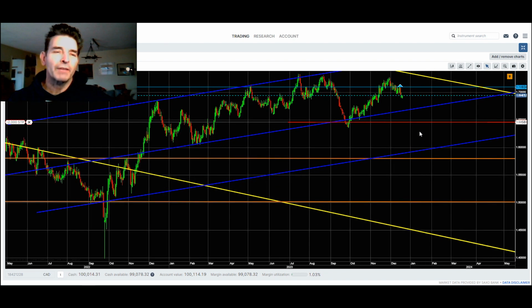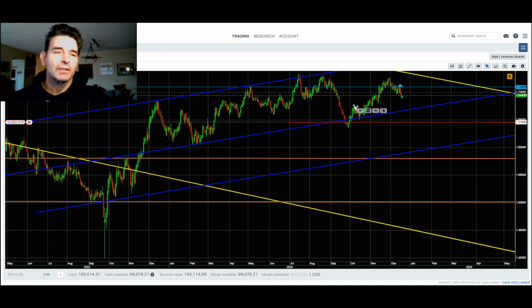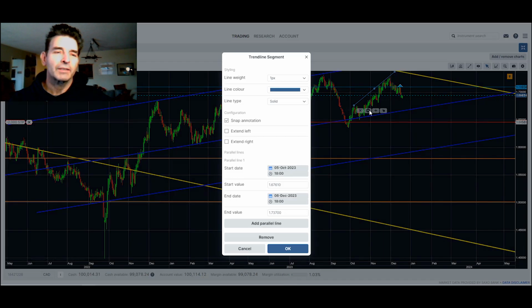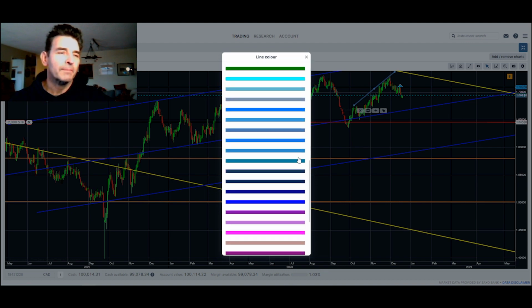What we could have done to get a better entry point is look at that wave 3. So we could have gone like so, taking that high point to this. There we would have gone 3 pixels. What's our wave 3 color?